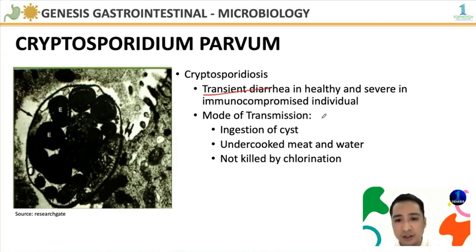Common modes of transmission, kumain ka ng cyst na galing sa undercooked meat and water. Remember that this cyst is not killed by chlorination. This cyst is actually acid fast in nature.